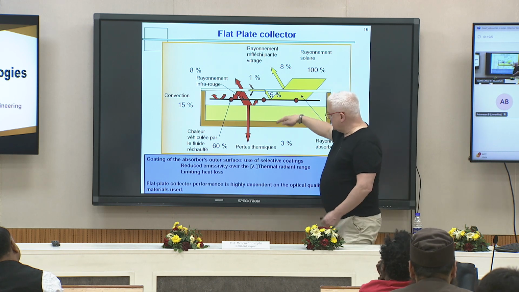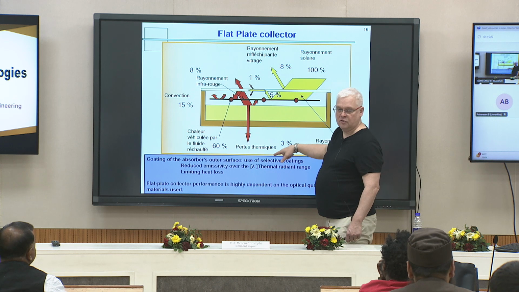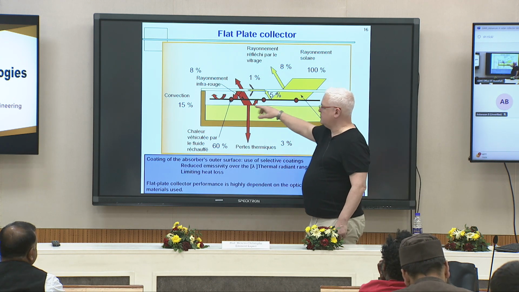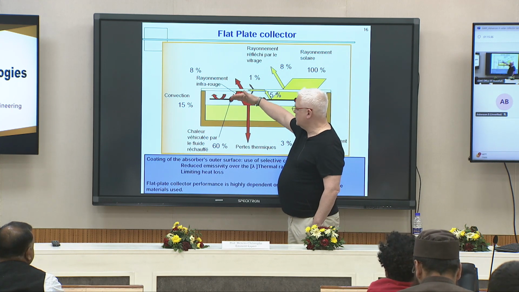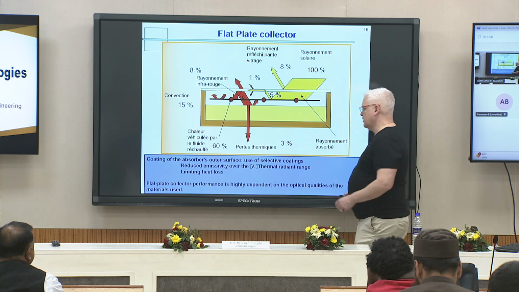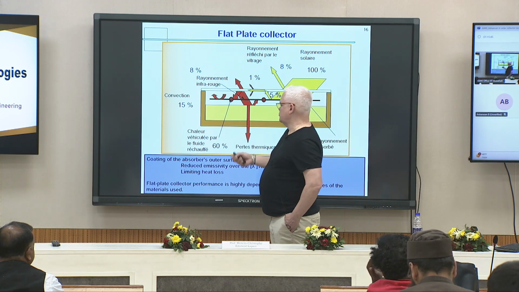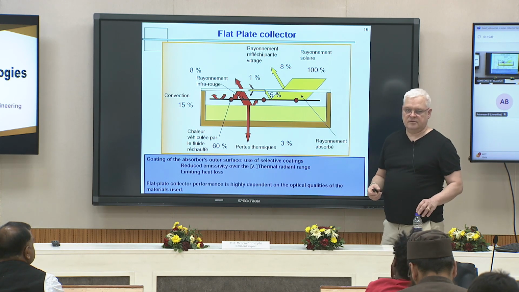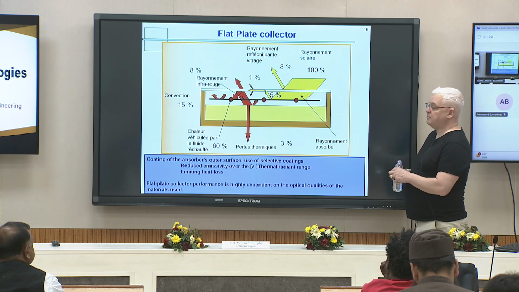You have also, as you are heating, some thermal loss at the backside of the collector. That is the reason why you have a big layer of insulation in order to avoid heat transfer between the heat exchanger and the backside. Usually you recover around 60 to 70% of the incident radiation, depending on the quality of the flat plate.